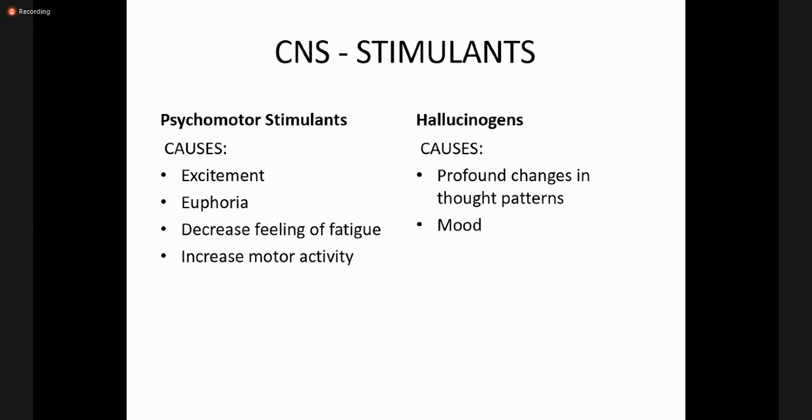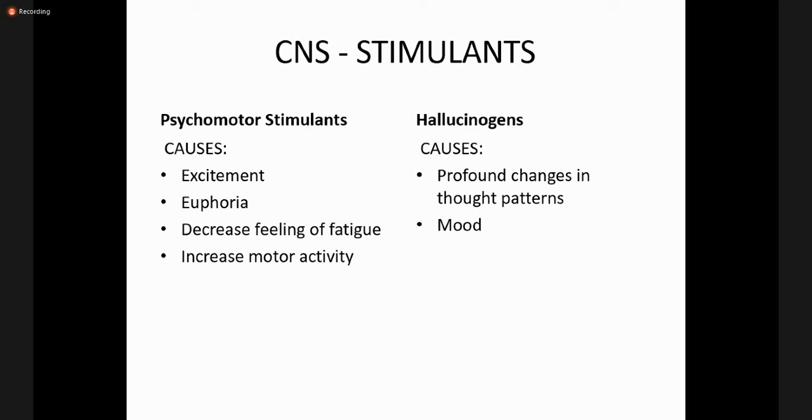So if anyone anticipates that this will cause me excitement, this will give me euphoria, and it will enhance my motor activity so I can perform more than normal, then this compound and these properties may lead to the development of drug addiction, right?